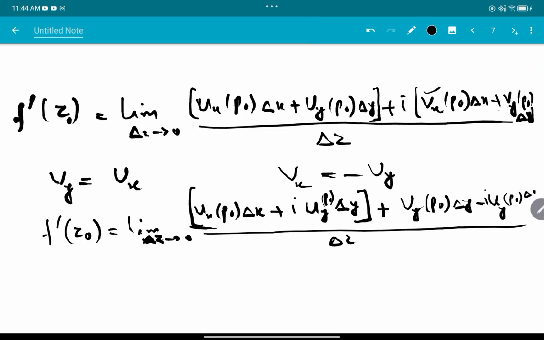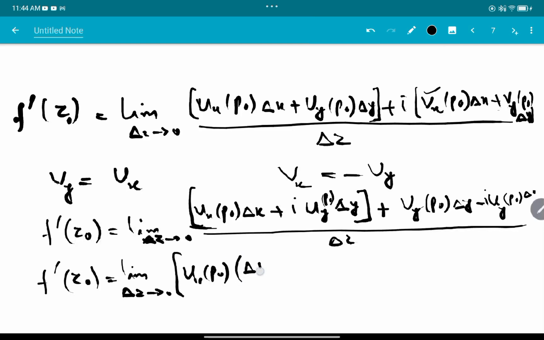Now it is easy. f dash z0 is equal to limit delta z tends to 0. I will take ux at z0 common, and inside I will get delta x plus i delta y. That is why I combined this with this.